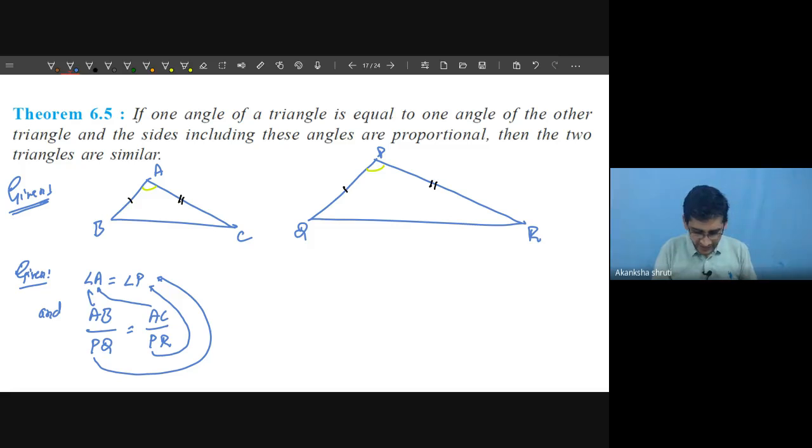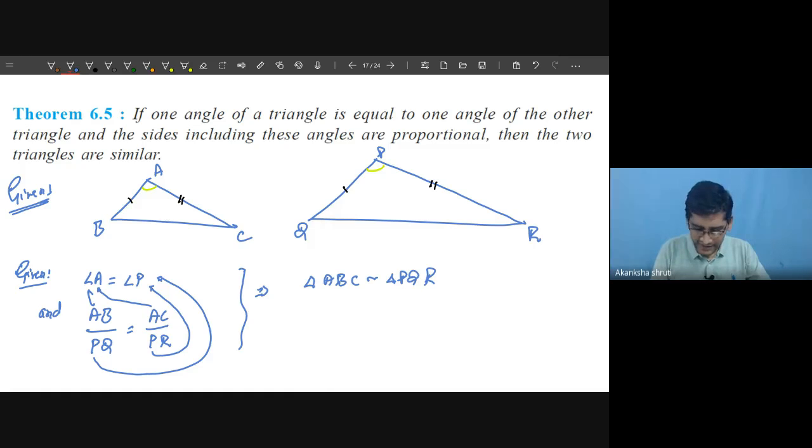So this way we can understand just from the statement which angle and which ratios are equal. So if these things are holding good, then this gives us triangle ABC is similar to triangle PQR.